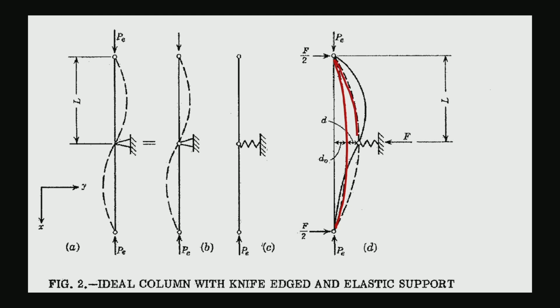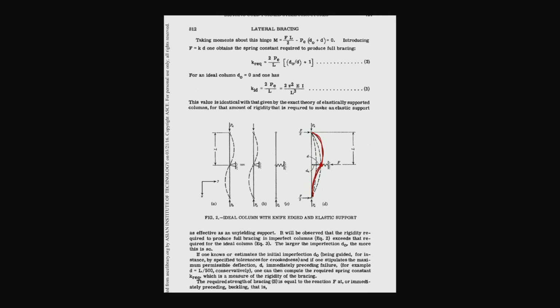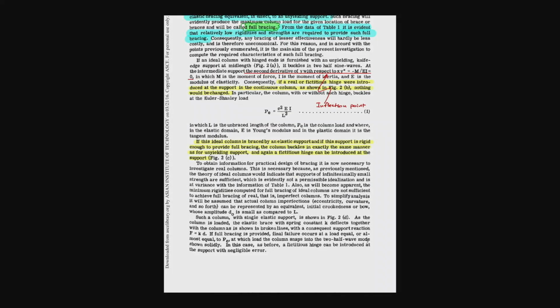It buckles even more, and then at one point it forms the double curvature, like in this solid line. So you have one curvature here, another curvature there, and then at the hinge point, it is the inflection point.